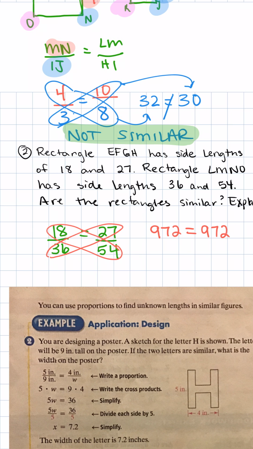So yes, the corresponding angles are congruent and the sides are proportional.